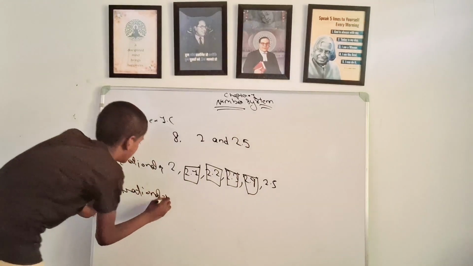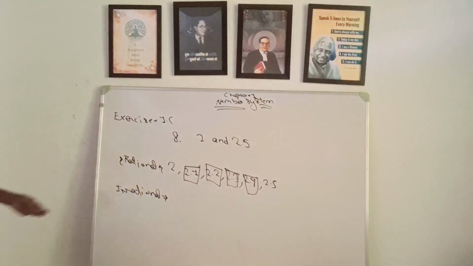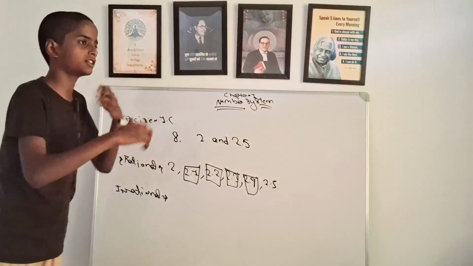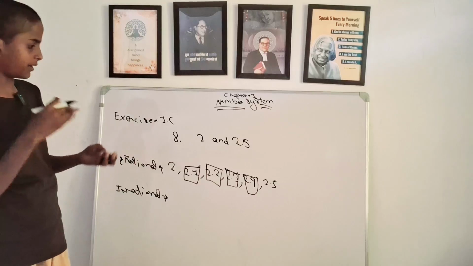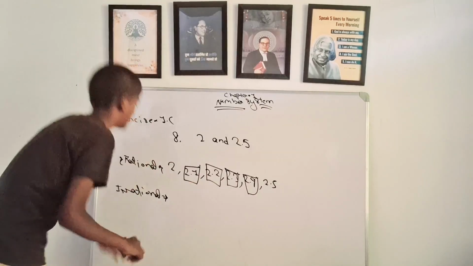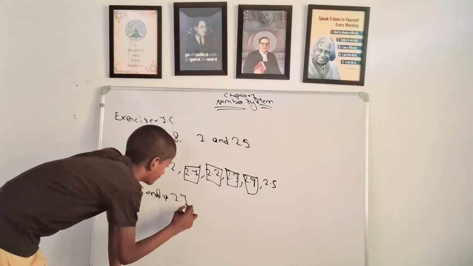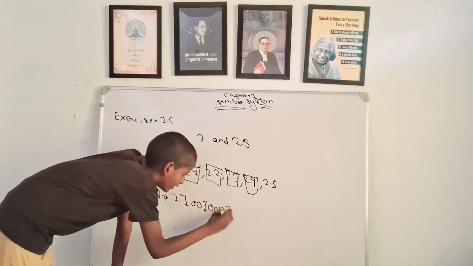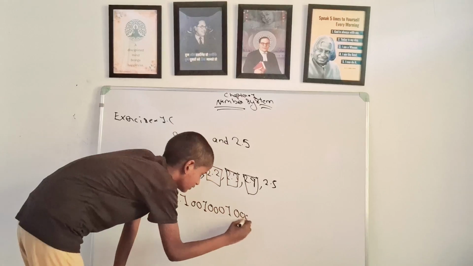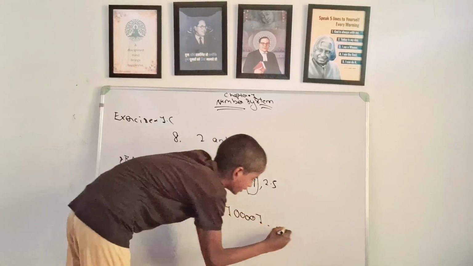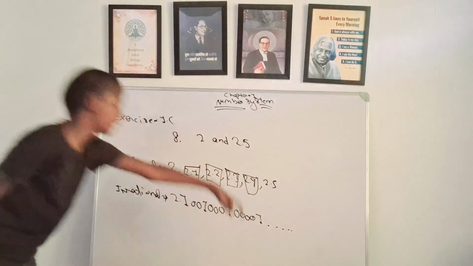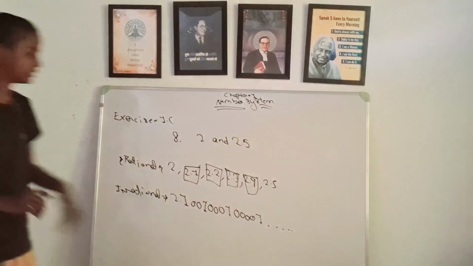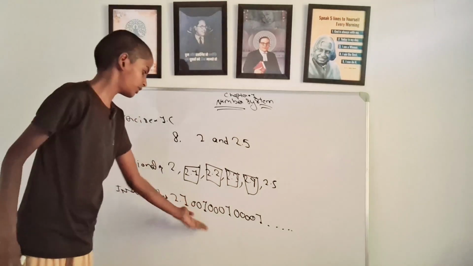Irrational number. As we know, after the point we can have terminating or non-terminating, repeating or non-repeating numbers. Just like 2.1001000100001 dot dot dot, and infinite. This is an irrational number because it is non-repeating.